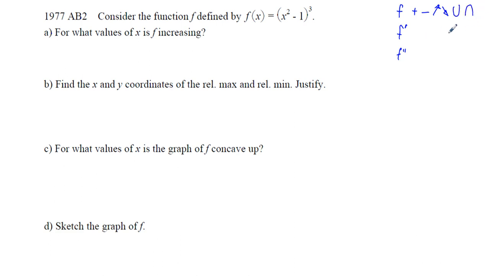Right below, on the f prime level, we have plus or minus underneath the increasing, decreasing, and then increasing, decreasing underneath the concave up, concave down. And finally, in the f double prime row, we're going to have plus and minus below at the right. And these are going to really help us.